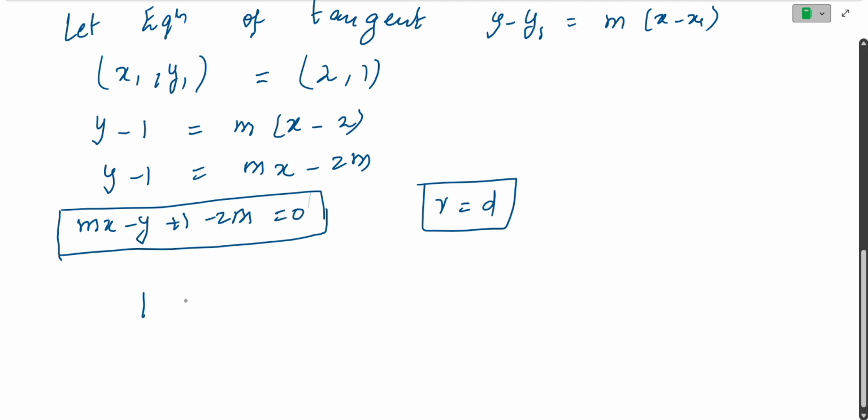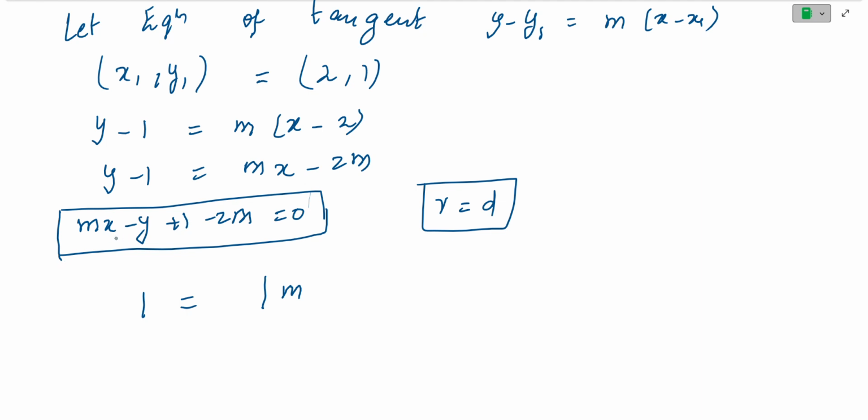So 1 is equal to, I am writing the distance formula here. Mod of, substitute the coordinates in the place of x and y from which we are finding the distance to the straight line. So we are finding the distance from the origin. Why? Because the center of the circle x square plus y square minus 1 is equal to 0 is 0 comma 0.